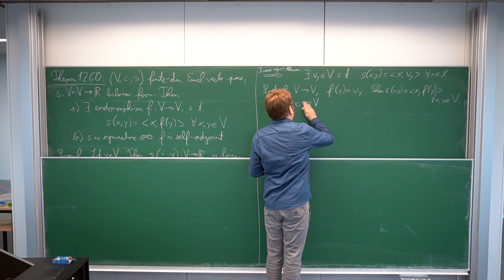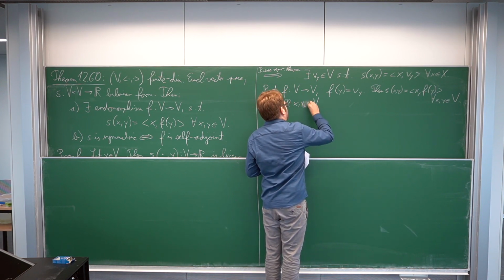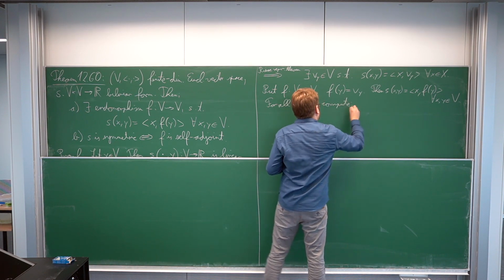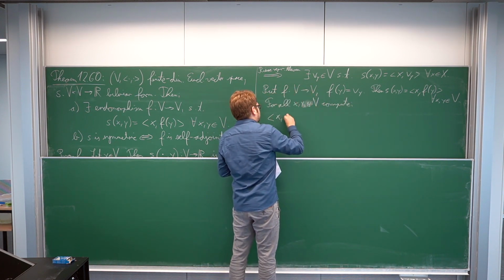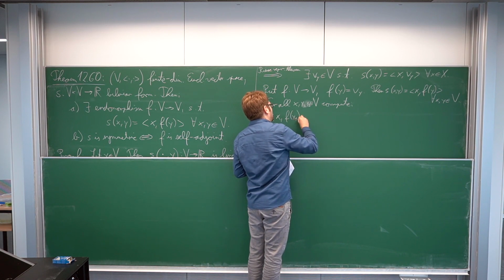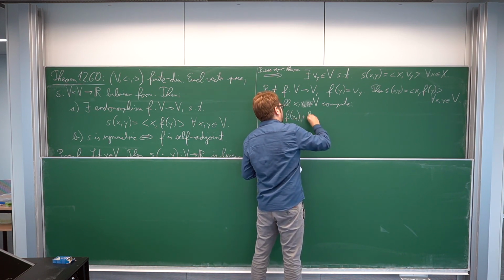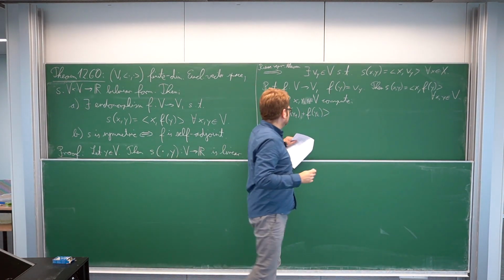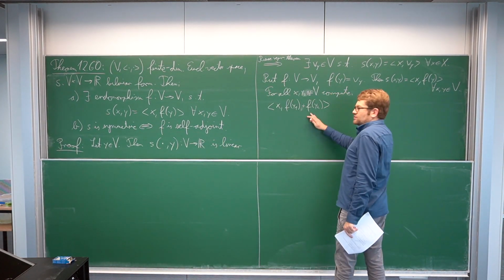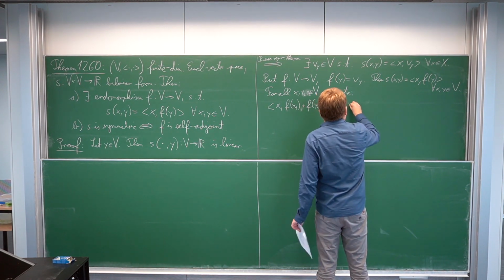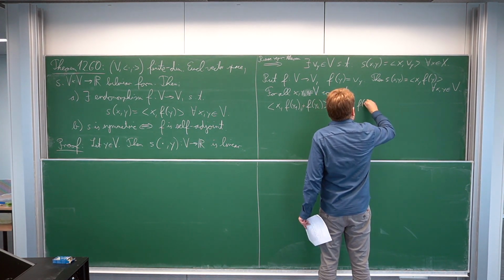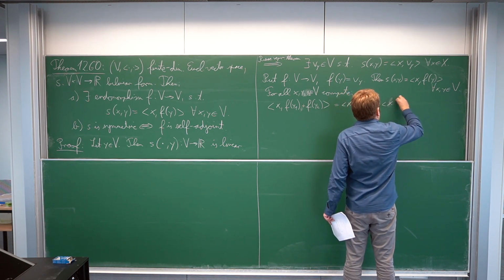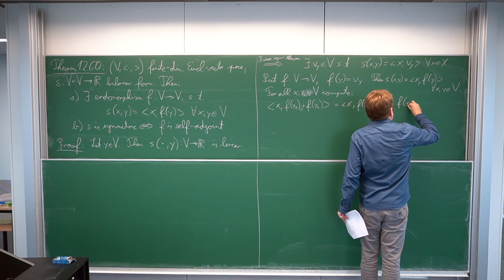We need three vectors, x, y1, y2 in V. We compute the following. If we take the inner product of x with the sum of f of y1 and f of y2, we will in a moment see why this is interesting. This is, by the bilinearity of inner products, the same as the inner product of x with f of y1 plus the inner product of x with f of y2.